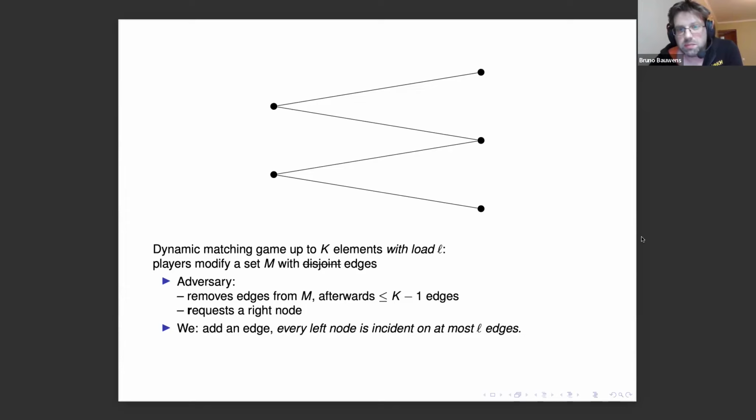That means that if we have a graph with good expansion, then we can just take L copies of the graph, and these L copies together have dynamic matching with load 1. So if L is order log n or quasi-poly log n, we don't care about this. Okay, now we can get to the main statement on the next slide.